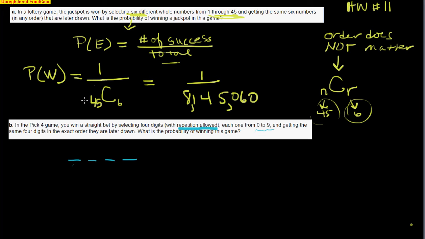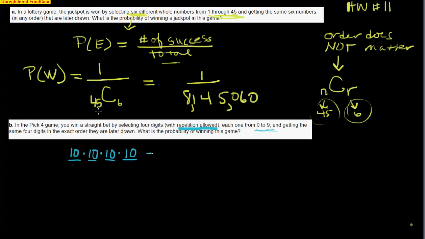I can repeat digits. So every single time I have the choices between 0 and 9. I could choose any one of those 10 digits. So I have 10 choices for the first number. I have 10 choices for the second number too, because I can repeat it. So it doesn't lessen as time goes on.